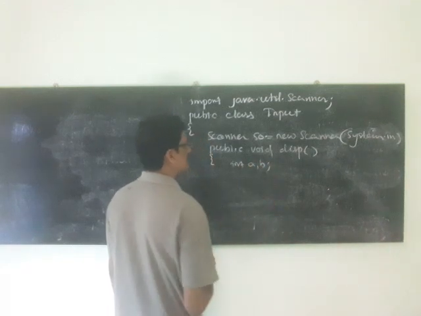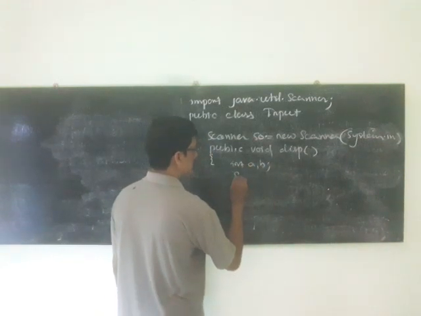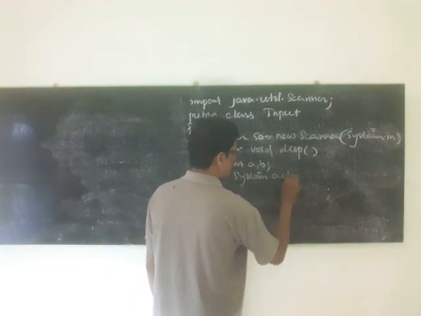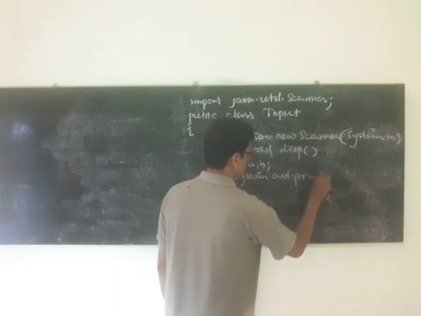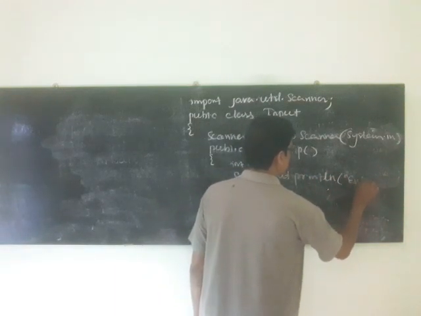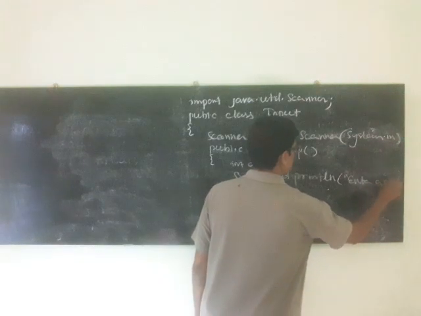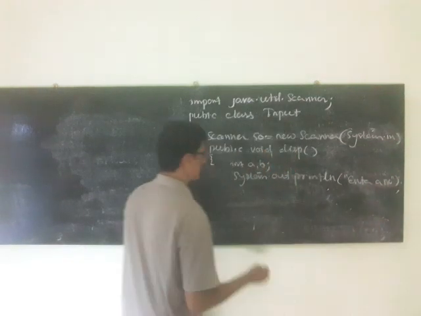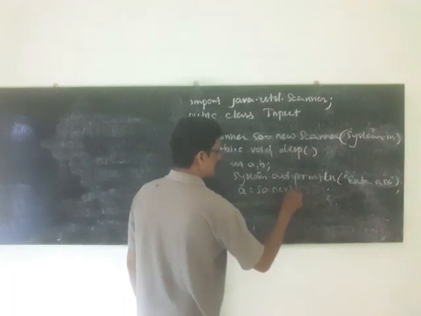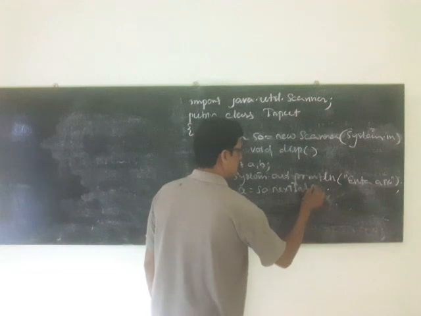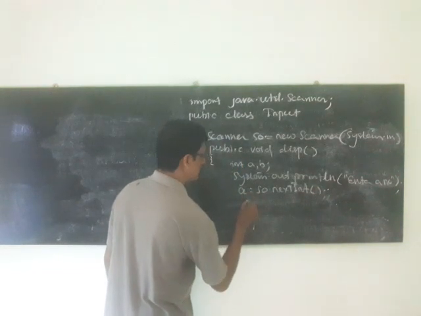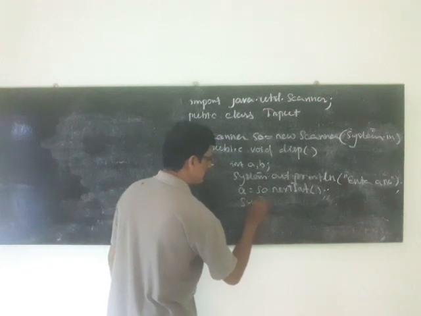So input two numbers. System.out.println("Enter a number"); a is equal to so dot nextInt. Similarly, to input another number, another prompt is required.